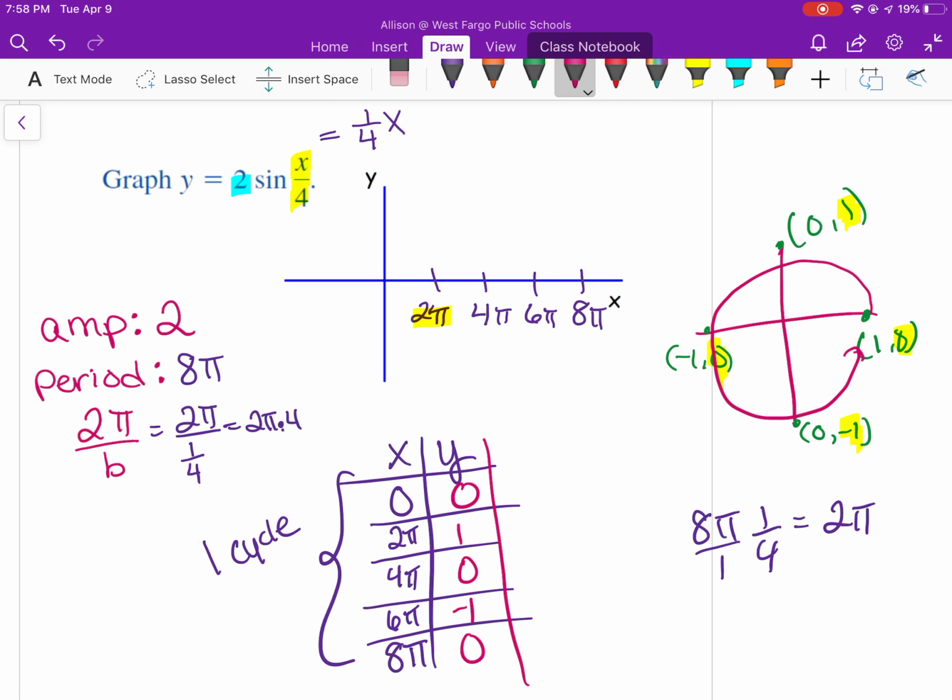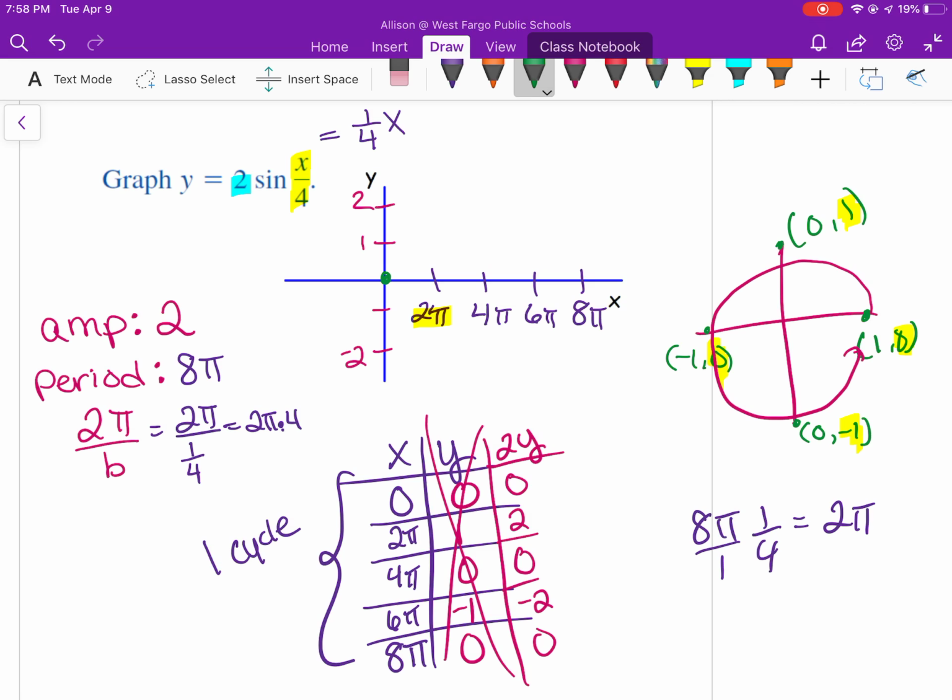Now I did have an amplitude of 2. So that's like my A column, which means that if you multiply everything in here by 2 and just graph the first and last column, I'm not going to fluctuate between 1 anymore. I'm going to go between 2 and negative 2. So sine starts at 0, 0.